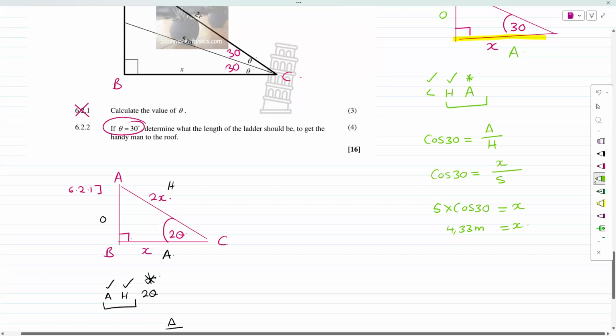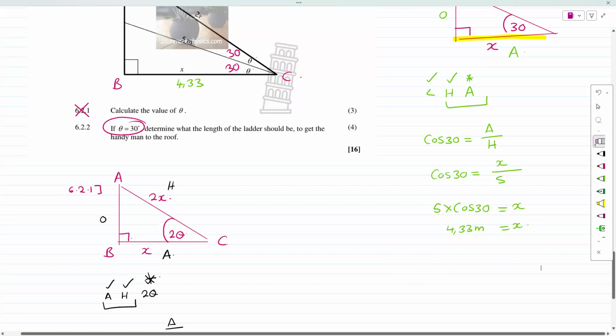All you and I have to do is remember, if this is 4.33, they told us that the ladder that's actually needed is 2 times that. So all we have to do to get the correct ladder is 4.33 times 2.